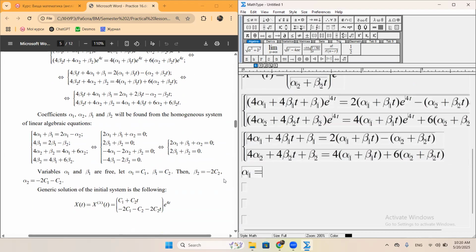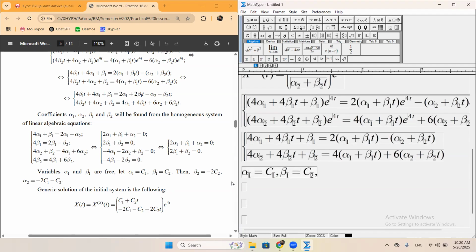Okay, so we will find from this system of equations. These variables alpha 1 and beta 1 are free, so we will assign them values c1 and c2. Beta 1 equals c2.